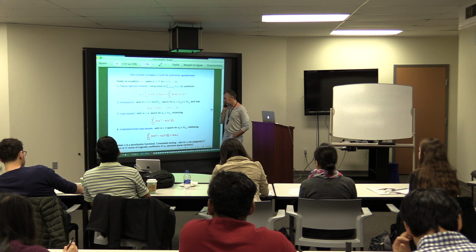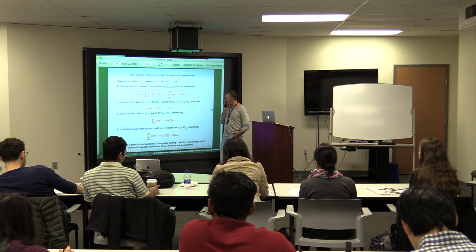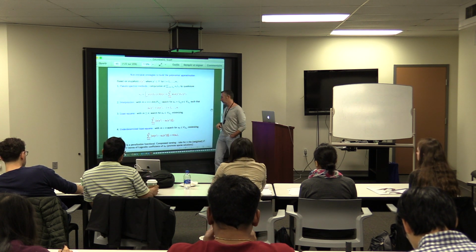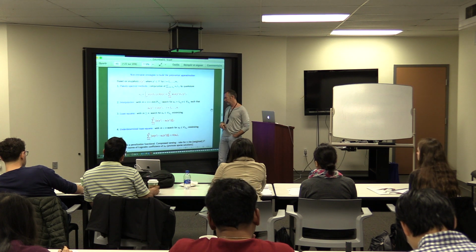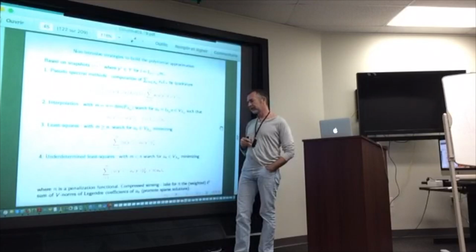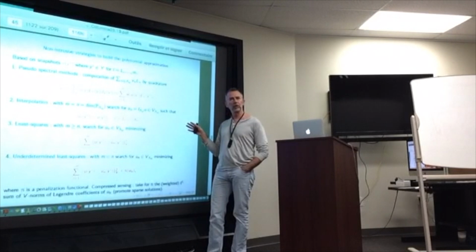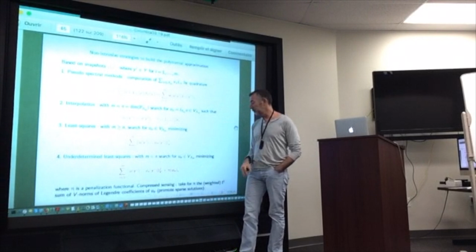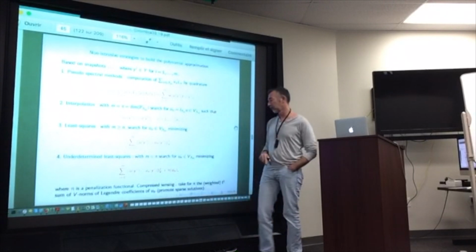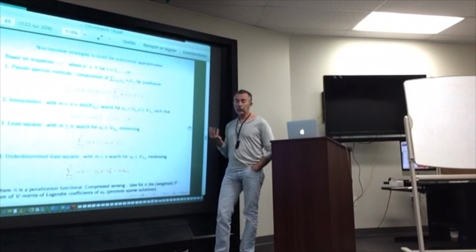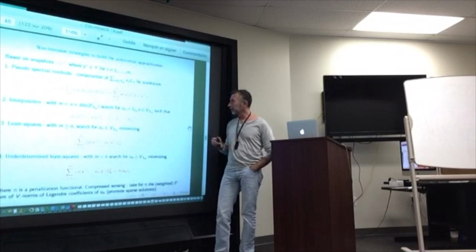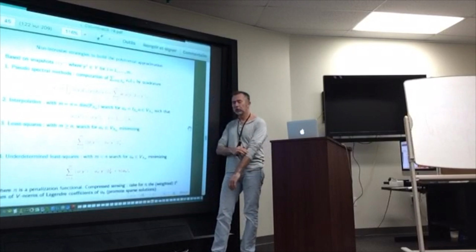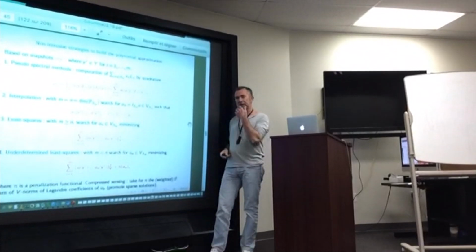We could say, okay, we're going to have fewer snapshots than the potential degree, okay? And in that case, this is underdetermined. We have infinitely many solutions, so we need to select one. One typical way is to add some penalty term. And for example, an interesting option is to take some L1 penalty. That would be the approach in compressed sensing.